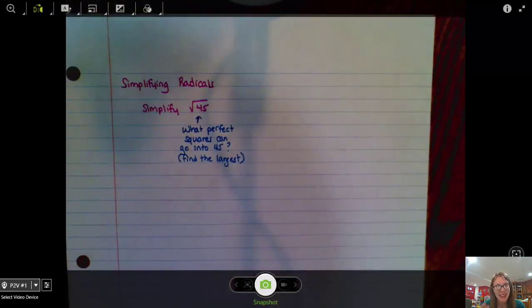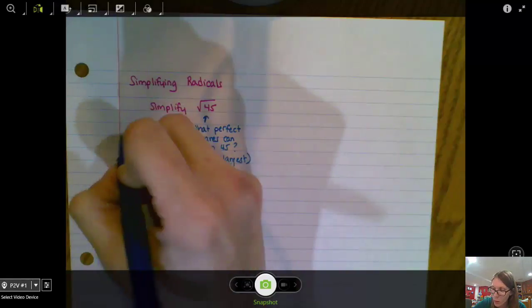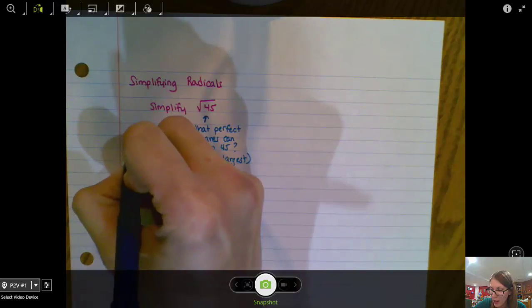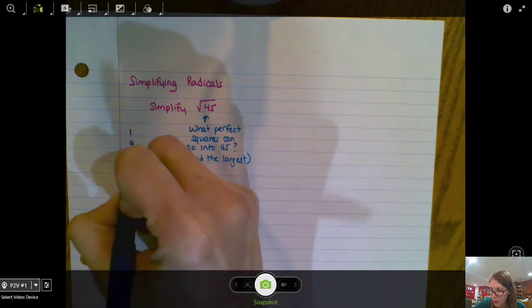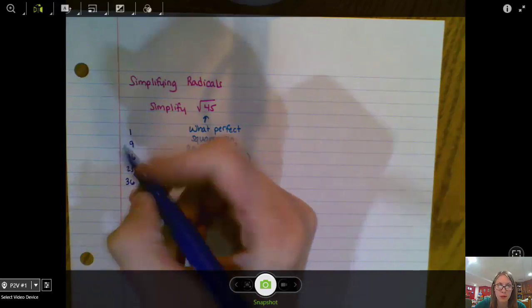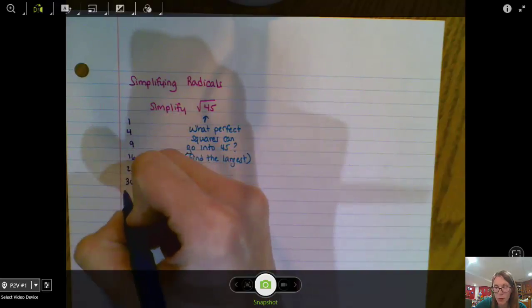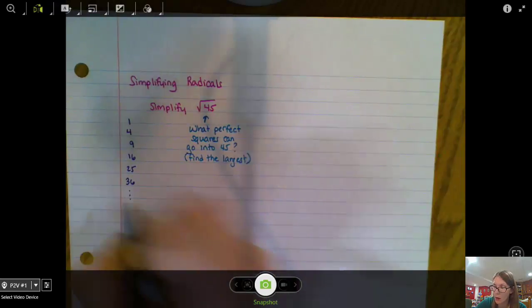So it might help to remember what some perfect squares are. 1 is a perfect square, 9, 16, 25, 36, any number that we square. Oops, I missed 4 here. 2 squared, 3 squared, 4 squared, 5 squared, 6 squared, and the list would keep going.